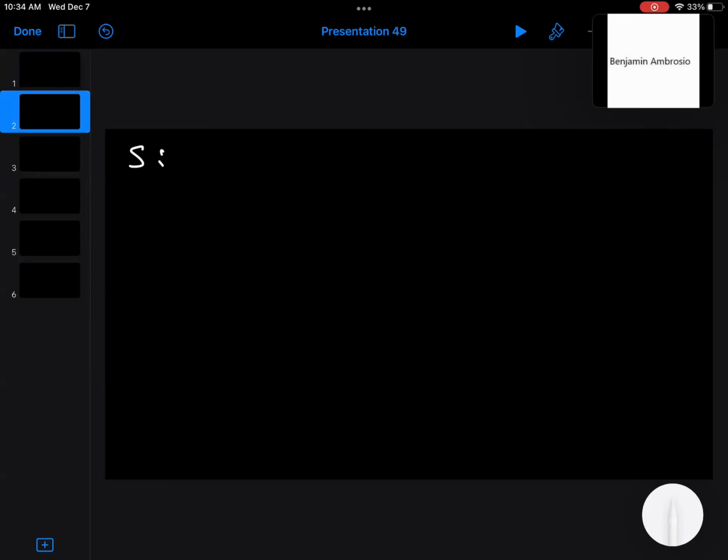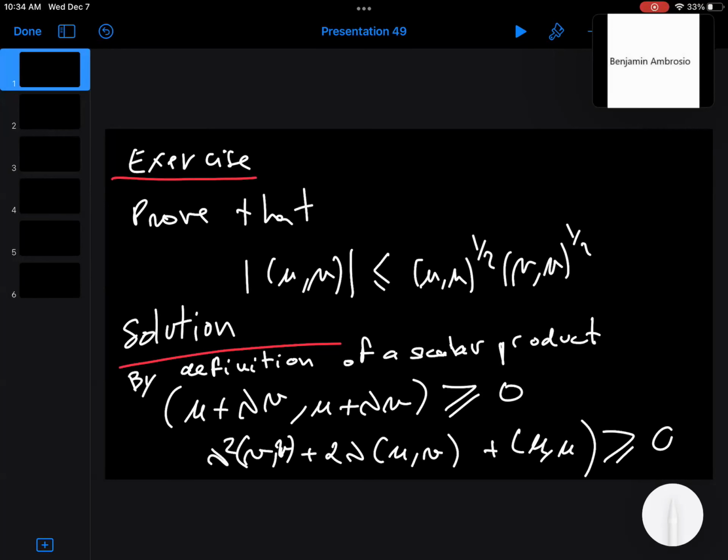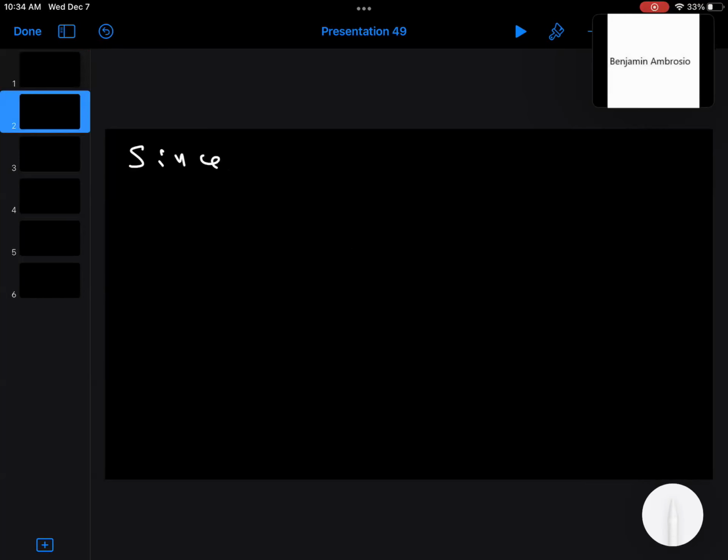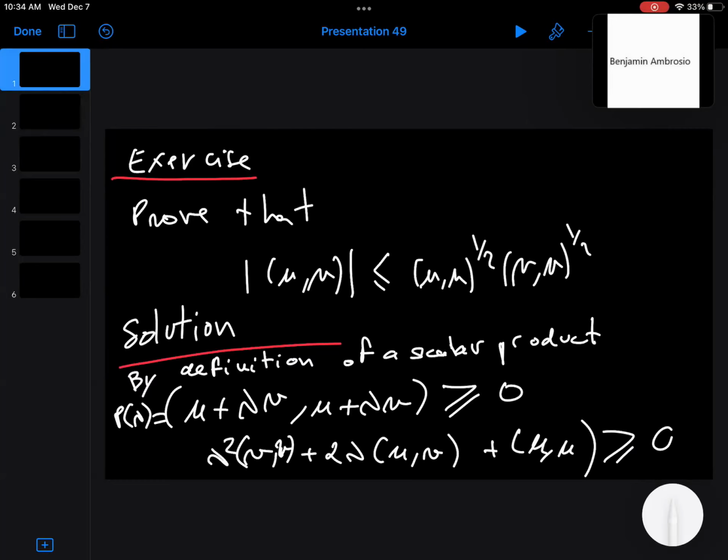So, let's call it P lambda. Since P lambda is non-negative, you get that the discriminant will be 4 UV square minus 4 VV UU.